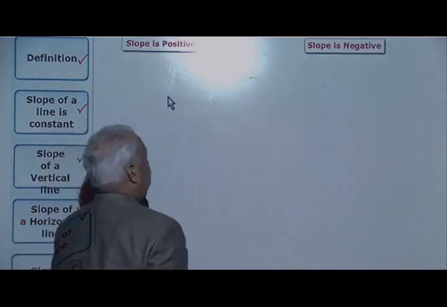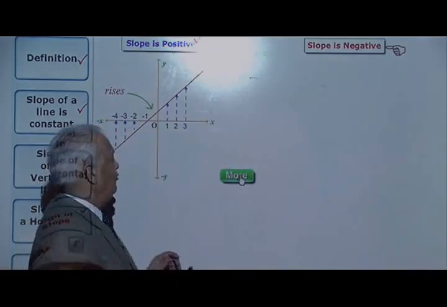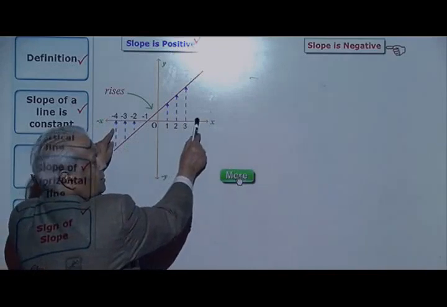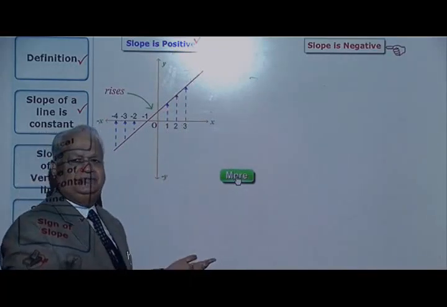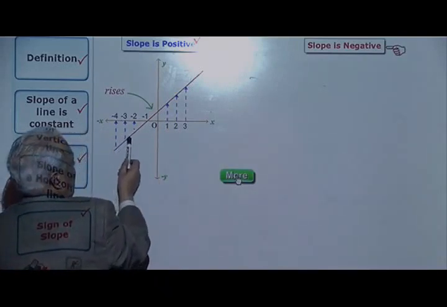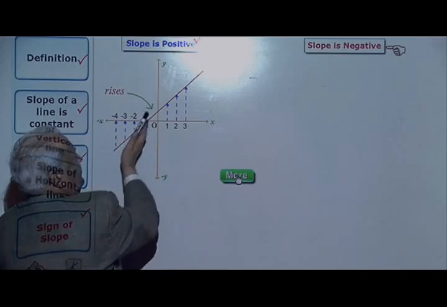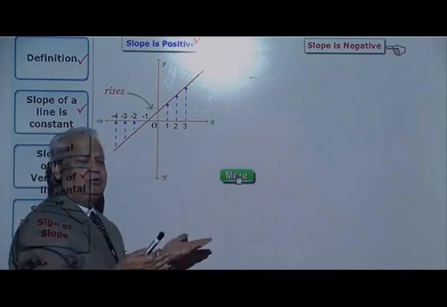Slope is positive for any line that, whenever you move from left to right, is rising. Here, the line is rising. You see that? The line is rising as you move from left to right. Moving from left to right is important. The line is rising, its slope is positive.